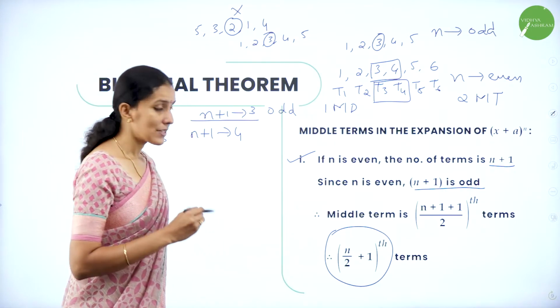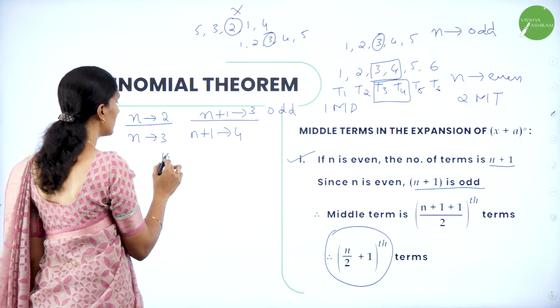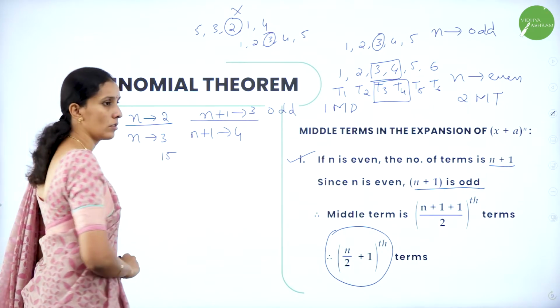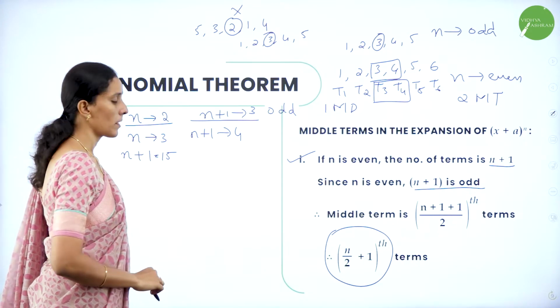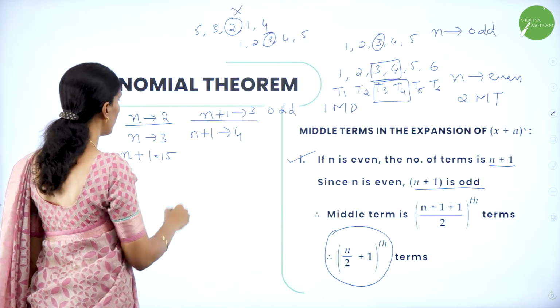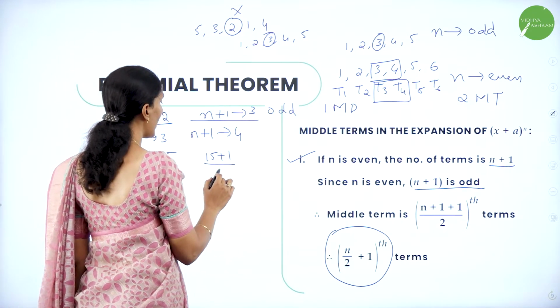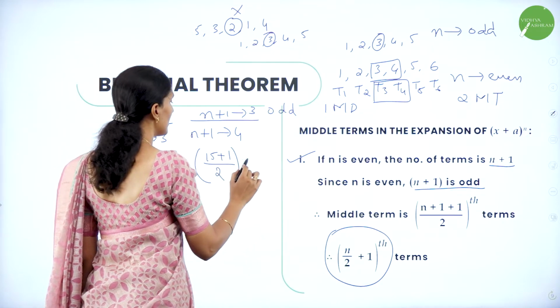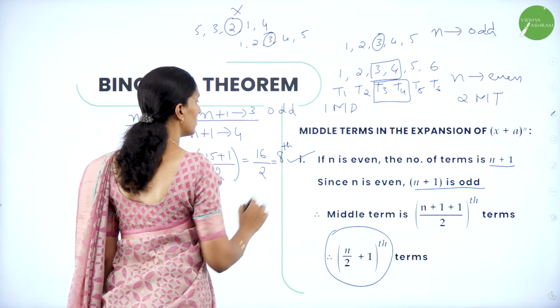Suppose you have 15 terms, that is, your n plus 1 is 15. Then it is (15 plus 1) by 2, so that is 16 by 2, that is the 8th term.